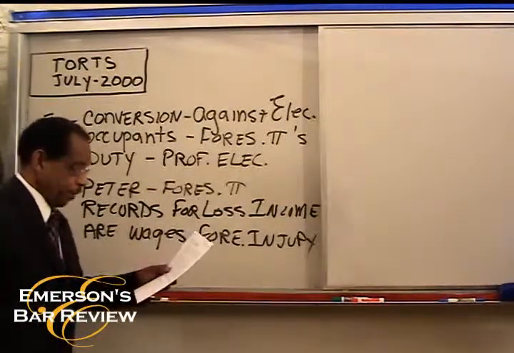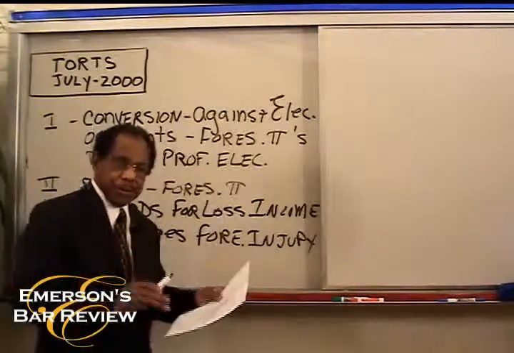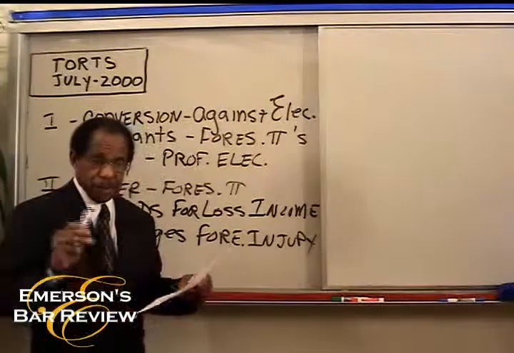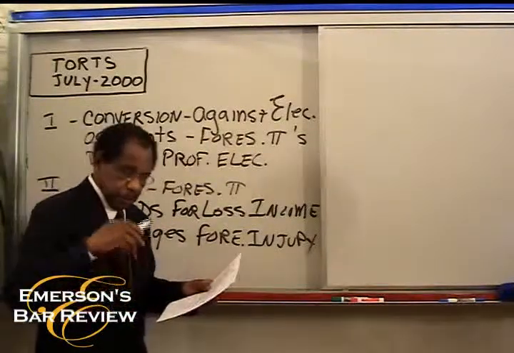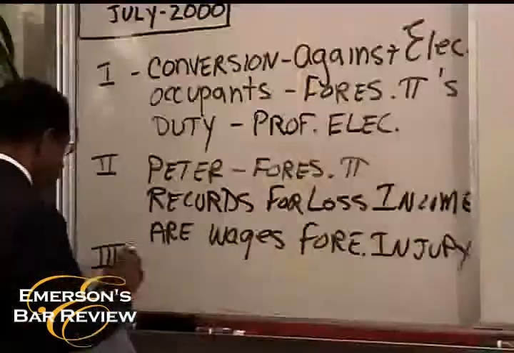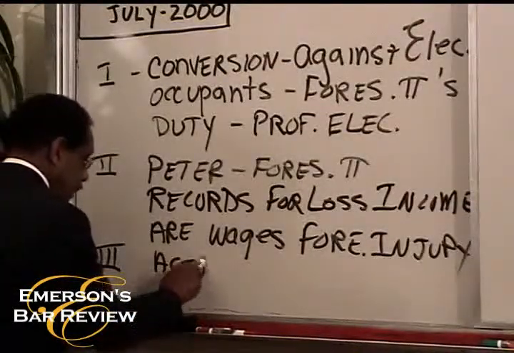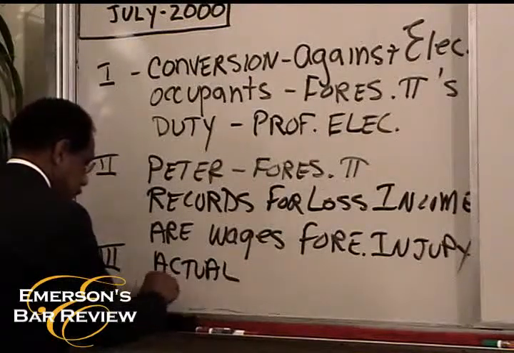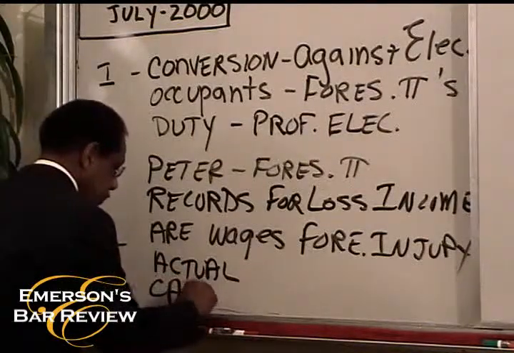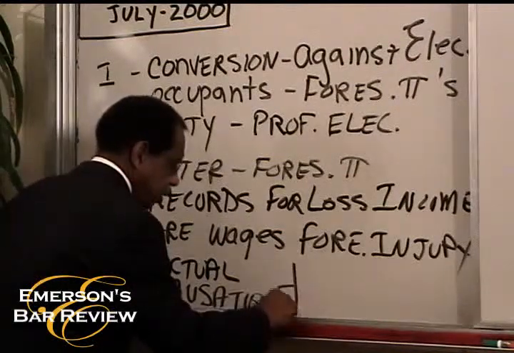Peter's computers, who have actual causation. Peter's computers were damaged because of these power surges. So they were damaged because of Dan's negligence. So Peter's computers, so actual causation. Several things here.